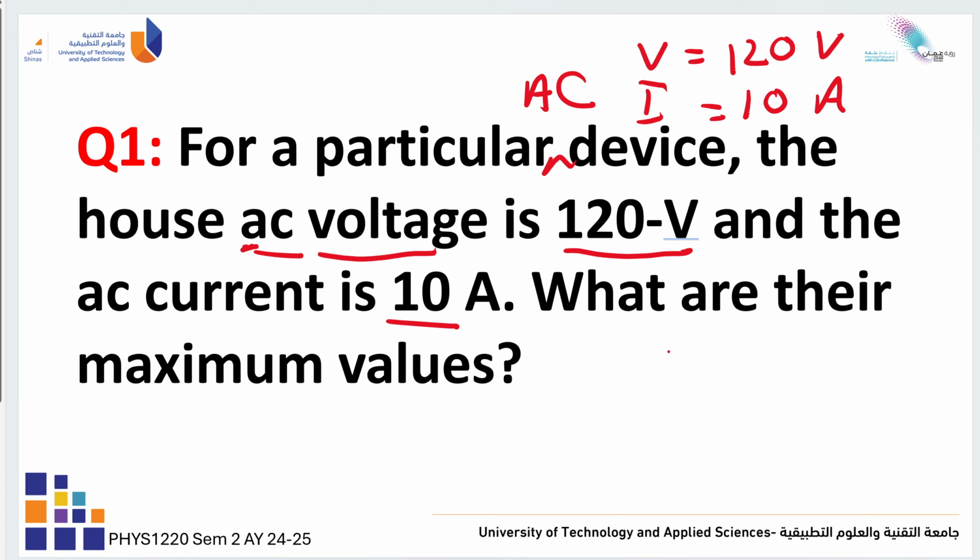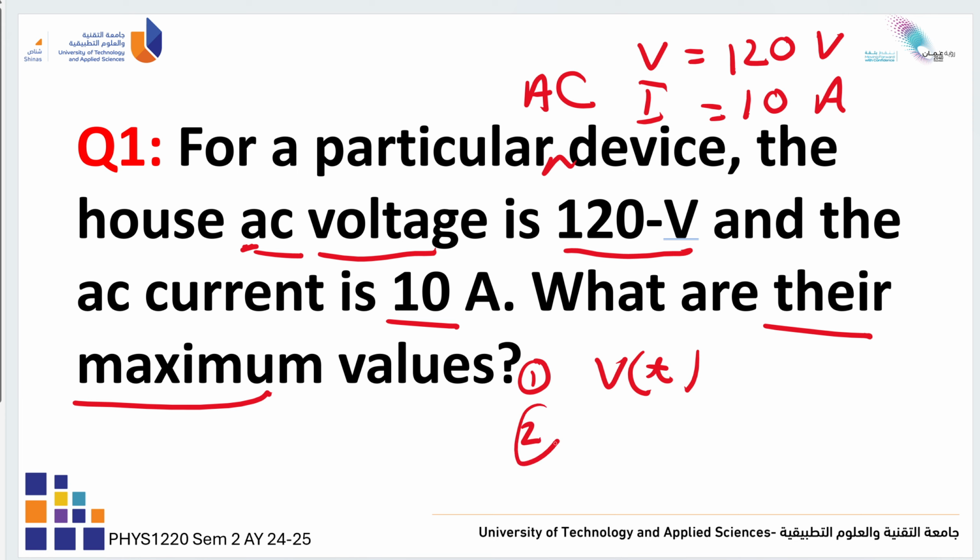Now they are asking what their maximum values are. Here I want to give you one piece of information. In this chapter, there are three types of voltages being discussed. The first is the instantaneous voltage, which depends upon time.